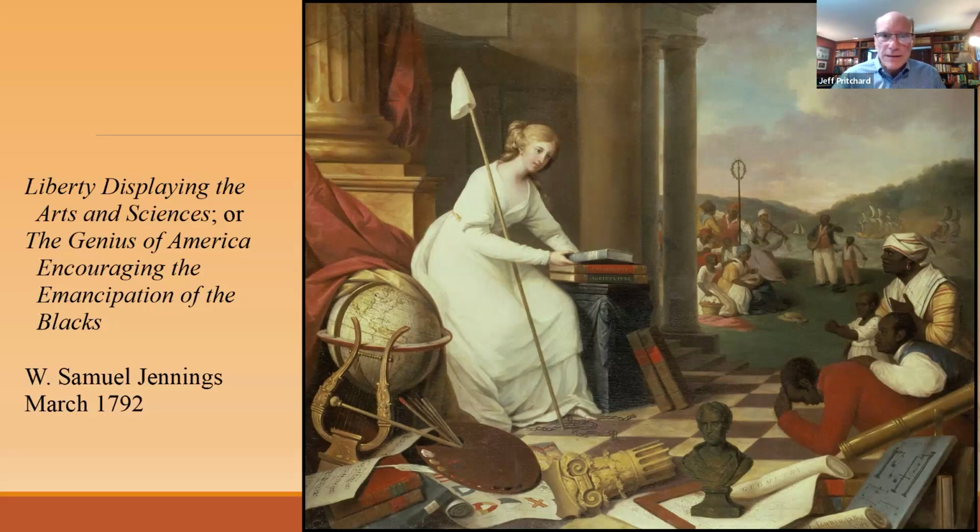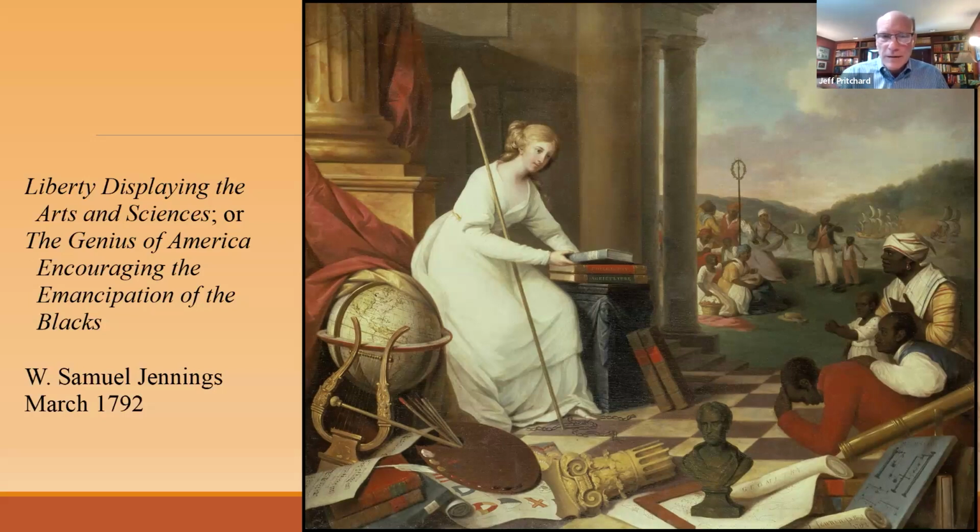Secondly, you have to remember that at this time, Philadelphia was our nation's capital from 1790 to 1800, and so all your political thought leaders and influencers were in the Philadelphia area. And then lastly, a month after this painting was delivered to the library, the Coinage Act of 1792 was passed, which of course established our first mint in Philadelphia.